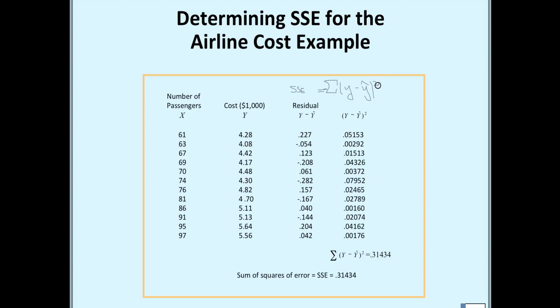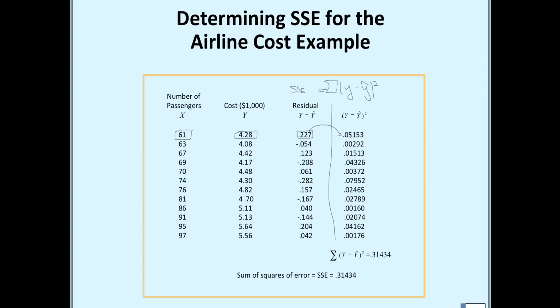A couple of slides ago, I showed you how to find y minus y hat, which was the residual. We plug these into our regression line, we get our predictions, and actual observation minus predictions gives us this. So we just add one more column and square our errors.